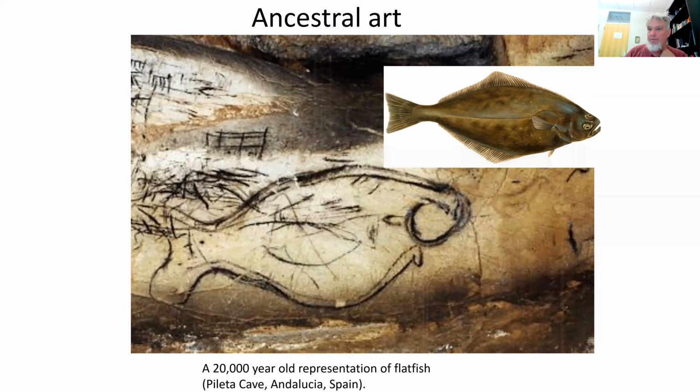We know it's a flatfish because the morphology is very representative of a species that lives in the Mediterranean, including the shape of the opercular flap, that is the gill flap here, and the placement of the pectoral and pelvic fins, which you can see here and here, the shape of the caudal fin, which is very broad, and even the shape of the dorsal and anal fins very much reflects the shape of this fish.